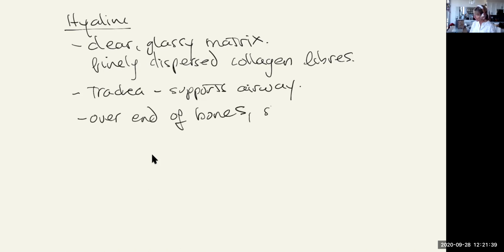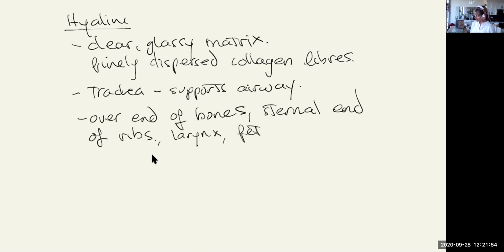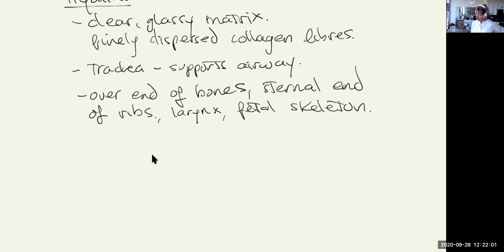It's at the sternal end of the ribs. It's the supportive material of the larynx, and the fetal skeleton. Those are some examples of where you'll find hyaline cartilage.